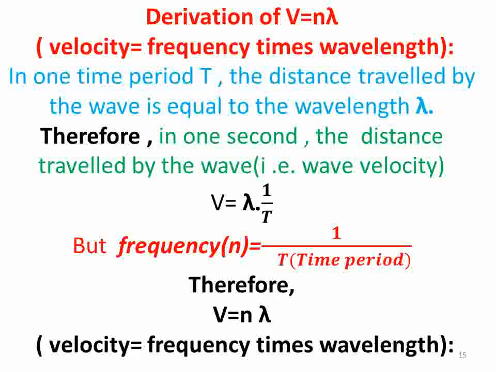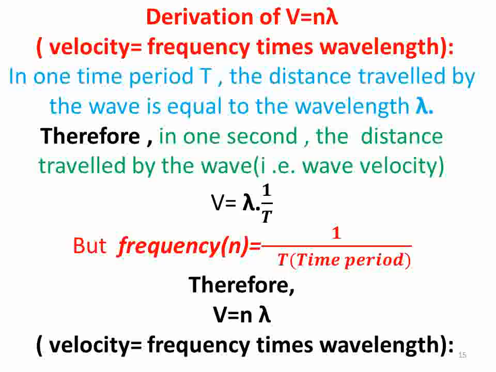Derivation of velocity equals frequency multiplied by wavelength. First, the definition of wavelength: in one time period, capital T, the distance travelled by the wave is equal to the wavelength lambda. Second, the definition of wave velocity: in 1 second, the distance travelled by the wave is the wave velocity.